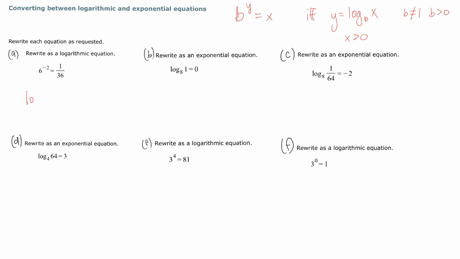So our base is 6, so our exponent, I should start with the exponent. The exponent is -2. -2 is equal to log base 6, and then the argument is 1 over 36.